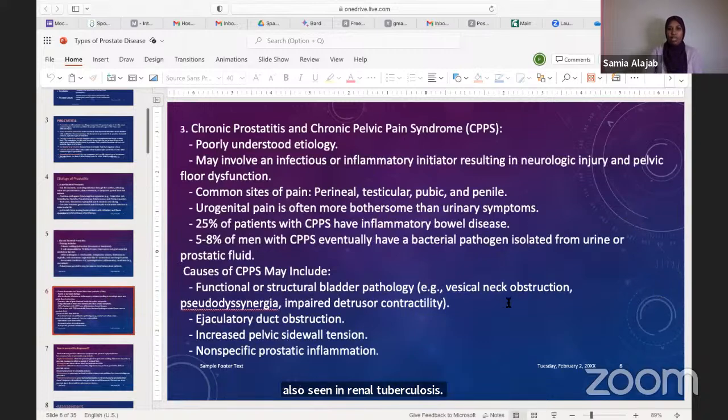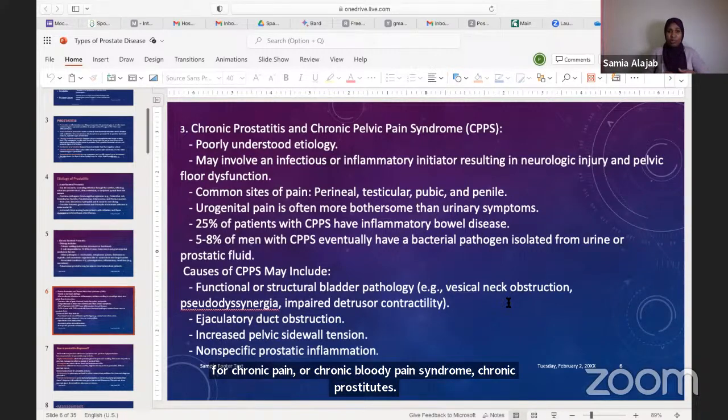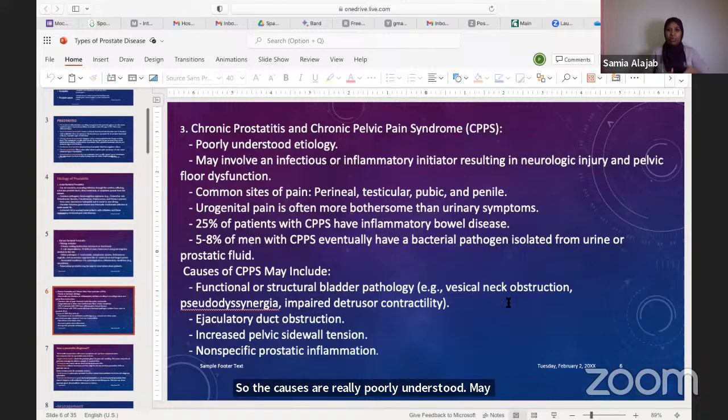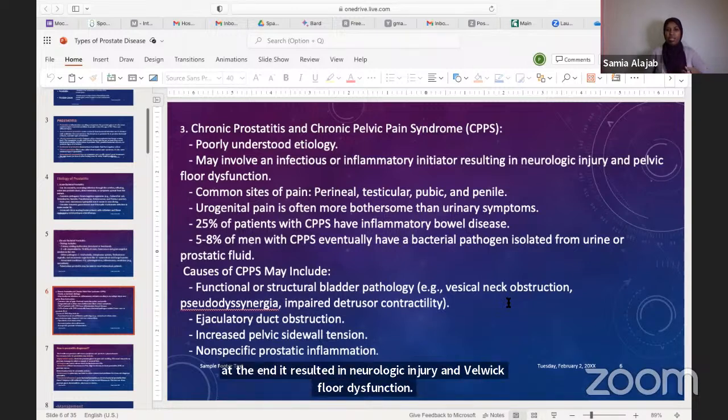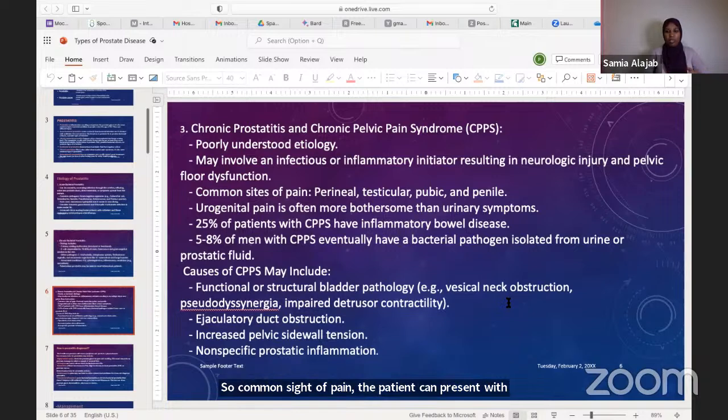For chronic pelvic pain syndrome, or chronic prostatitis, the causes are poorly understood and may involve an infectious or inflammatory initiator. It could be initiated by inflammation or infection, but in the end it results in neurologic injury and pelvic floor dysfunction. Common sites of pain are perineal, testicular, or pubic.